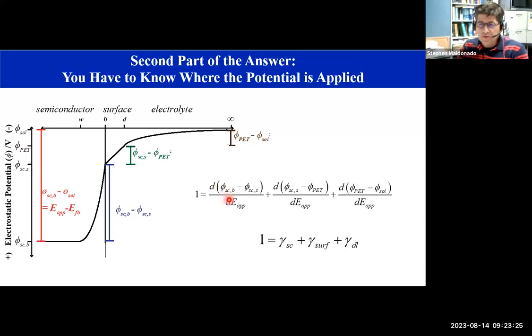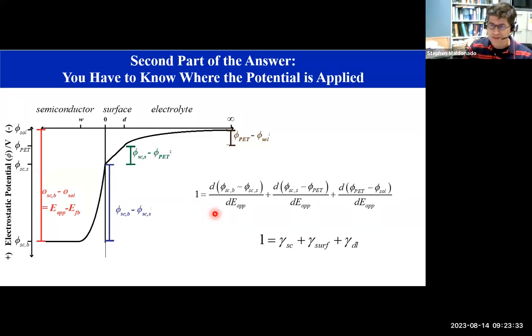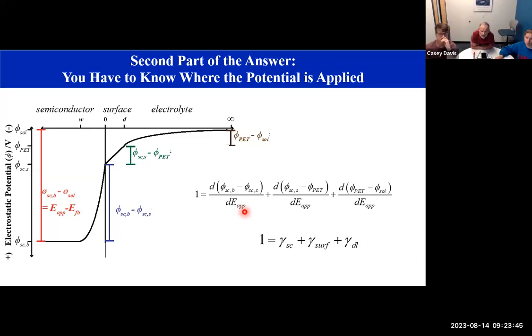These are derivatives. Oh, derivative. Okay, you have D in 2 places and they mean different things. Okay, sorry, that's obvious. Yeah, I apologize for the notation, but what I meant to say is that these are all derivatives, technically partial derivatives, of how the electrostatic potential change here is changing with respect to the applied potential. Okay, in that case, these are all derivatives. Never mind. Okay, so you're looking at differentials.